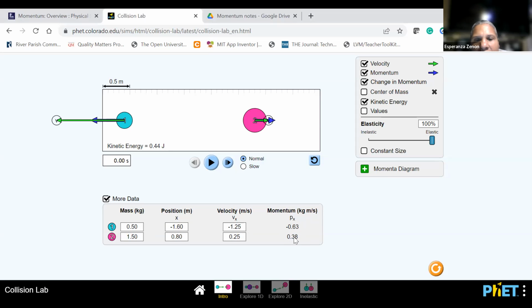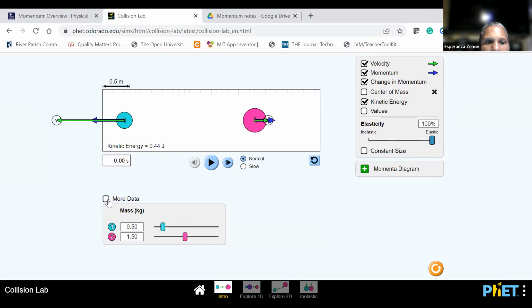Oh, so basically what you can find, you can get the change in momentum here by looking at the before and after for each one of them, right? So if you know the mass of each one, let's see if it doesn't show the values right off the top.